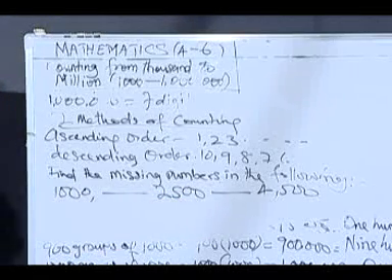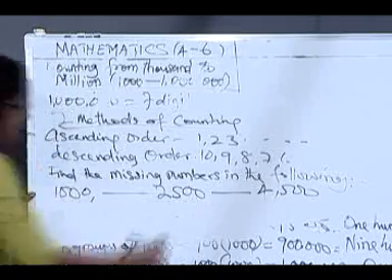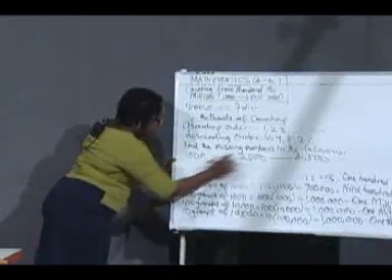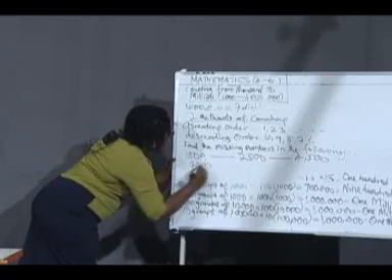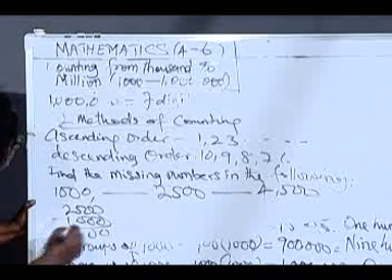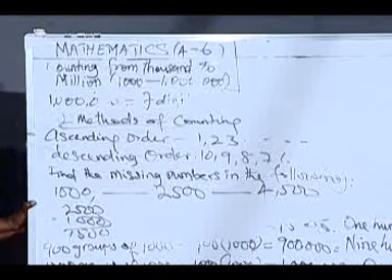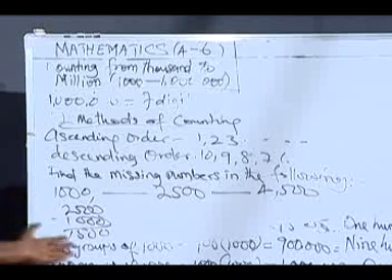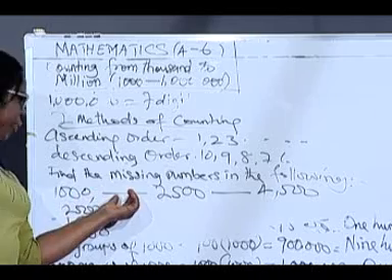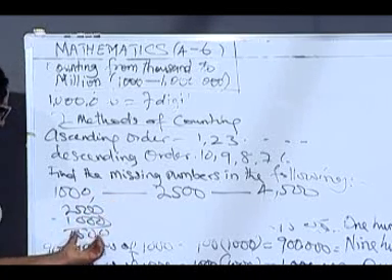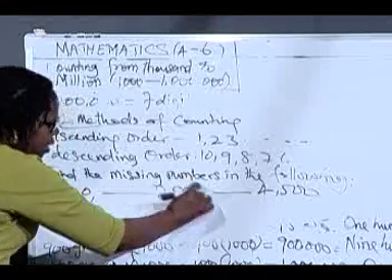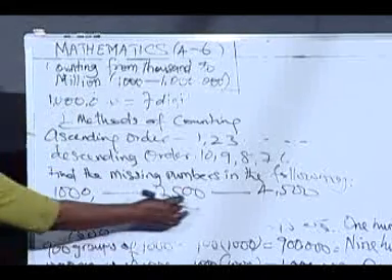Now, between 1,000 and 2,500, there is a gap. So what you have to do is subtract this number from this. You have 2,500 minus 1,000, which gives 1,500. But there is a gap here, which means this 1,500 is to be shared between the numbers before adding the half to this one.